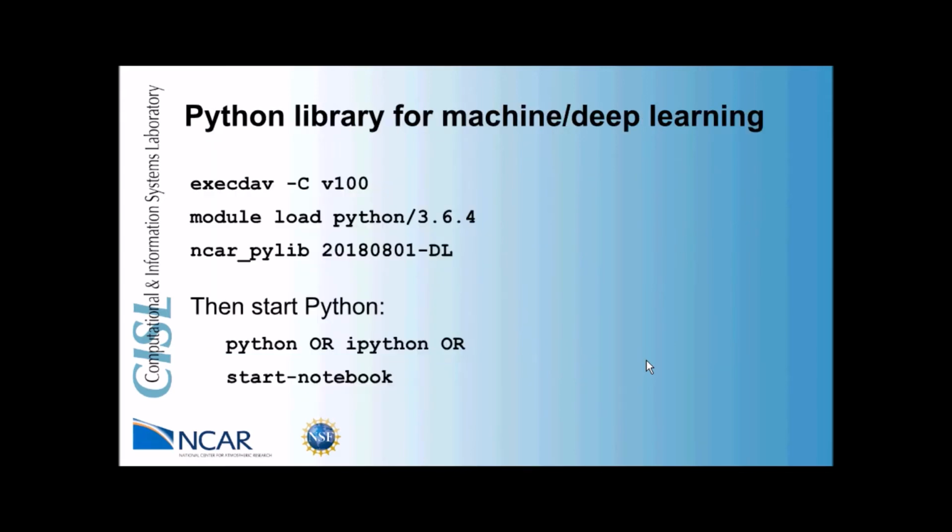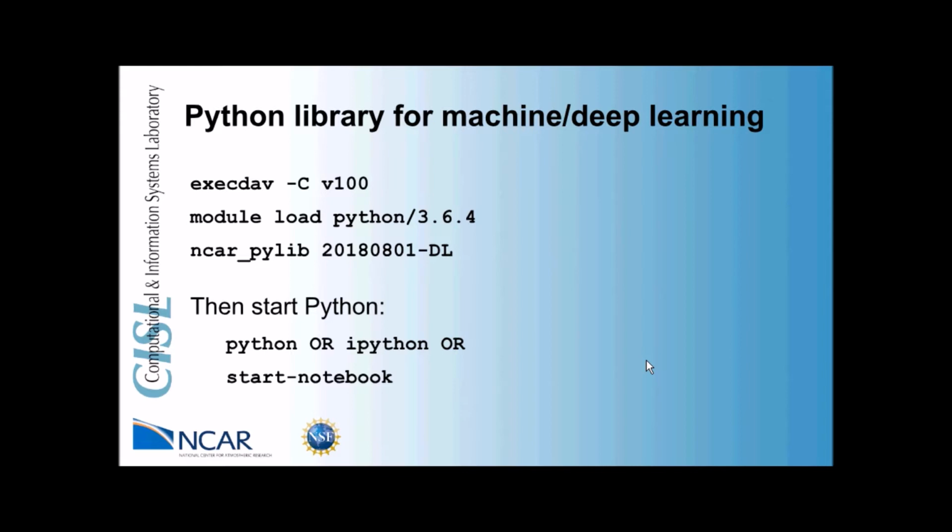And I also want to mention real quick that we have, and I hesitate to use the term beta, it's been exercised some, but I imagine there's probably some kinks to figure out, a Python library for machine and deep learning. I use library in the sense of our NCAR Python library, PyLib.